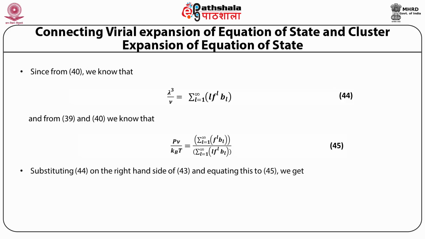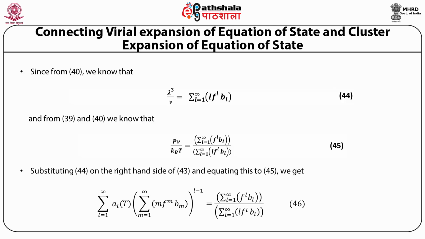Substituting 44 on the right hand side of 43 and equating this to 45, we get summation over l equals 1 to infinity A_l(T) multiplied by summation over m equals 1 to infinity m f raised to power m b_m, whole raised to power l minus 1, is equal to summation over l equals 1 to infinity f raised to power l b_l divided by summation over l equals 1 to infinity l f raised to power l b_l.